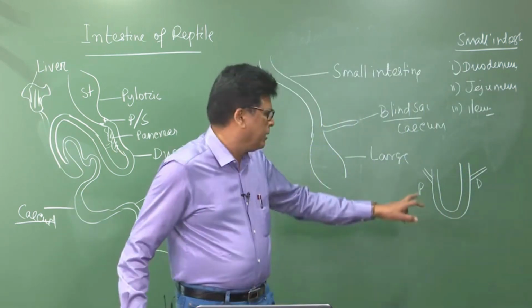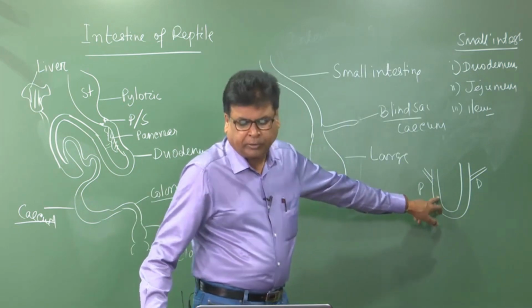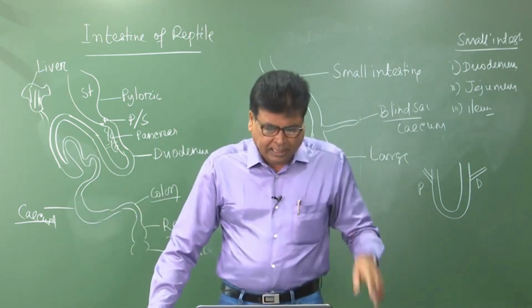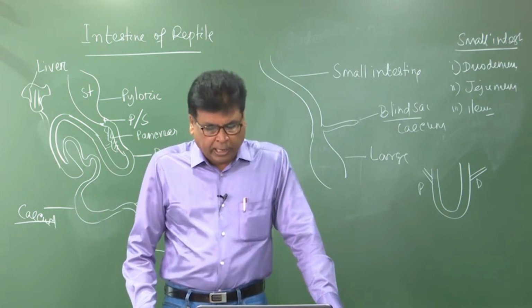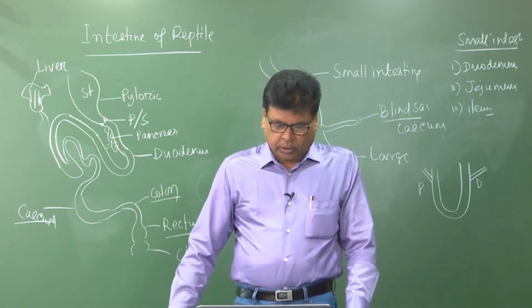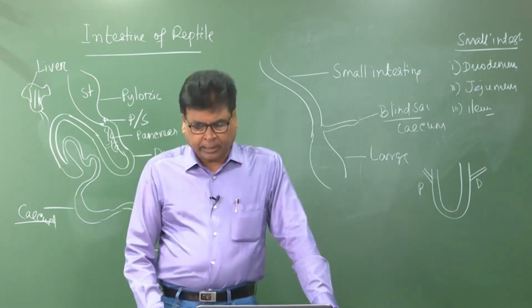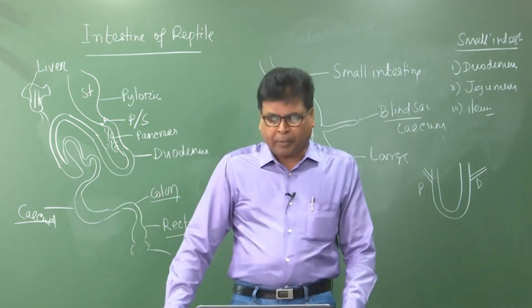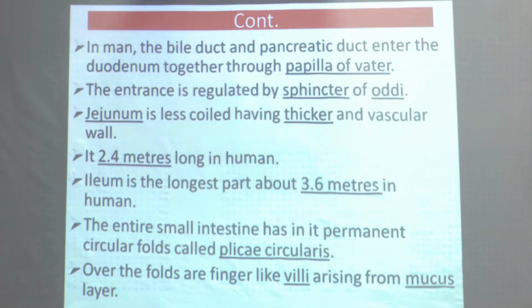So the proximal limb of the duodenum receives a single bile duct, while the distal receives the pancreatic duct. In men, the bile duct and the pancreatic duct enter the duodenum together through one structure that is known as papilla of Vater.